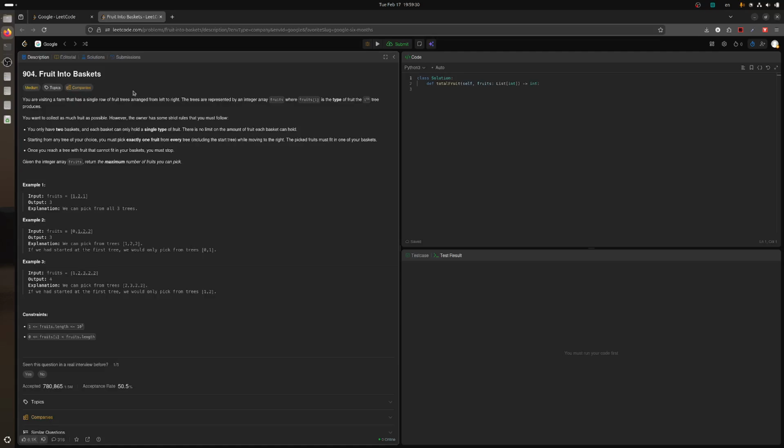I want the largest, so basically we want the largest subarray with at most 2 distinct values. I think that's it. That's pretty easy, linear time construction, I think.